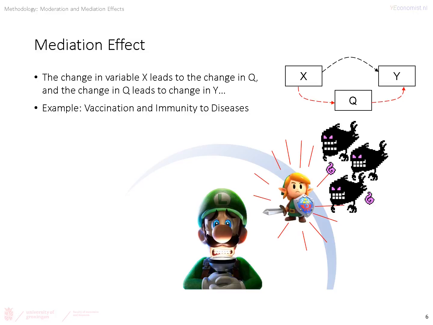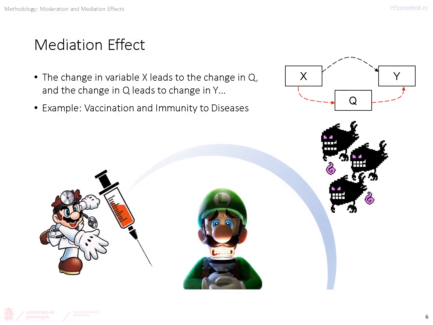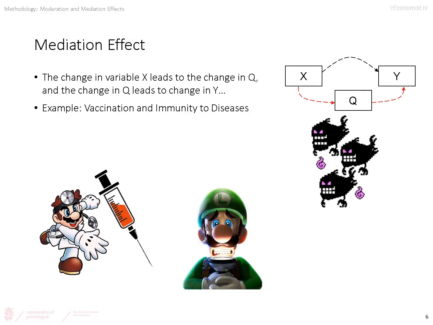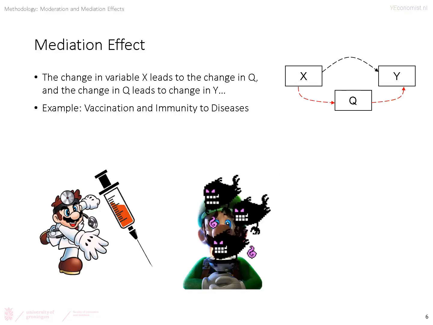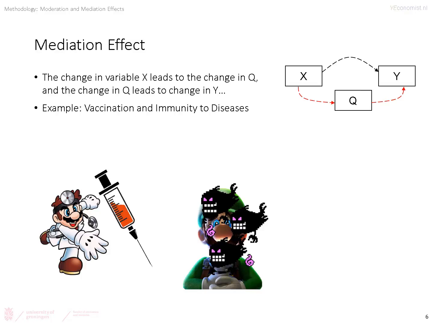But on the other hand, if you have some troubles with your own immune system, such that the white cells in your blood are unable to generate enough antibodies after the vaccination, then even with the vaccine injection, you will still be vulnerable to the virus and you will get infected. So in this case, we have a full mediation. That is, the effect of vaccination is fully or totally channeled through the mediator of antibodies.